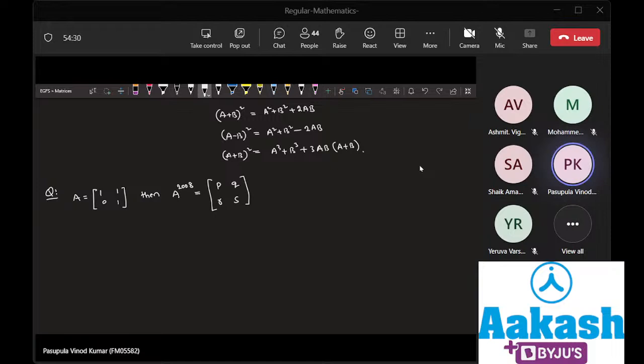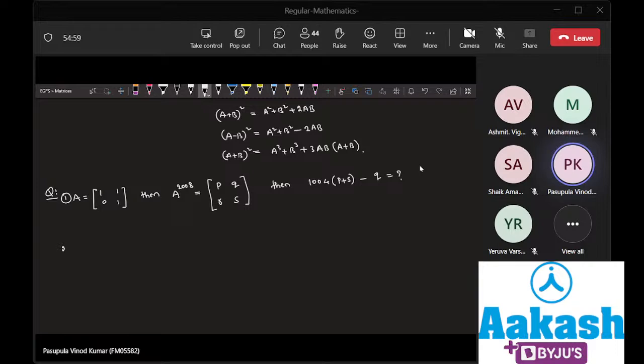Then what I am asking you to find out is 1004 (P plus S) minus 2008 Q minus simply Q is equal to how much? So this is the question.